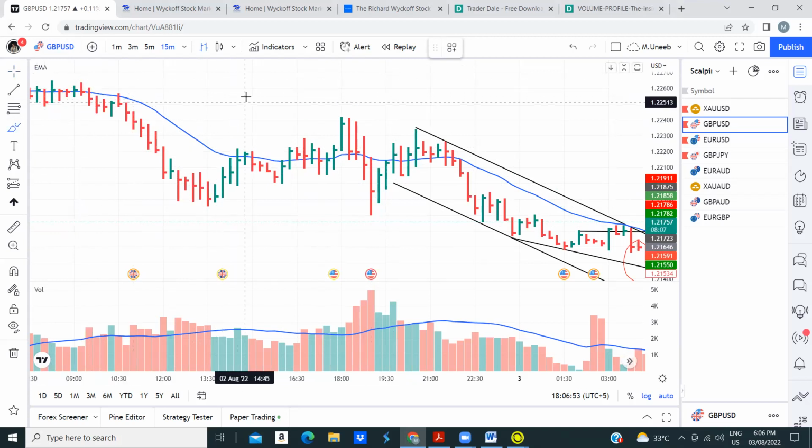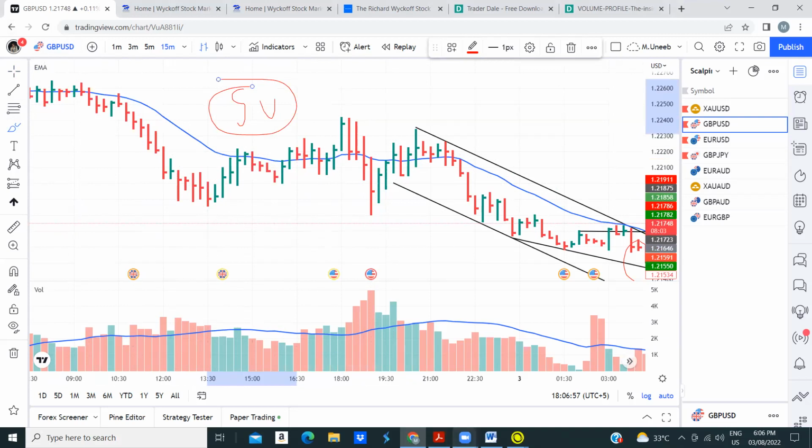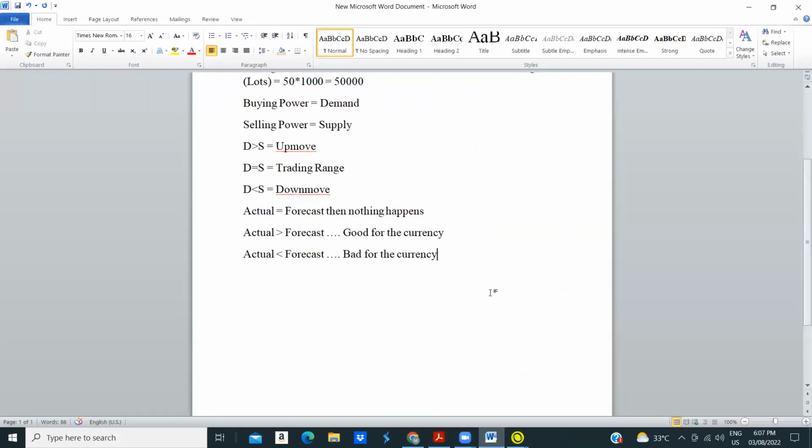Because I told you, we are focusing on GBP USD. So tell me, when USD crashes, what will GBP USD do? Will it go up or down, or will it also crash?